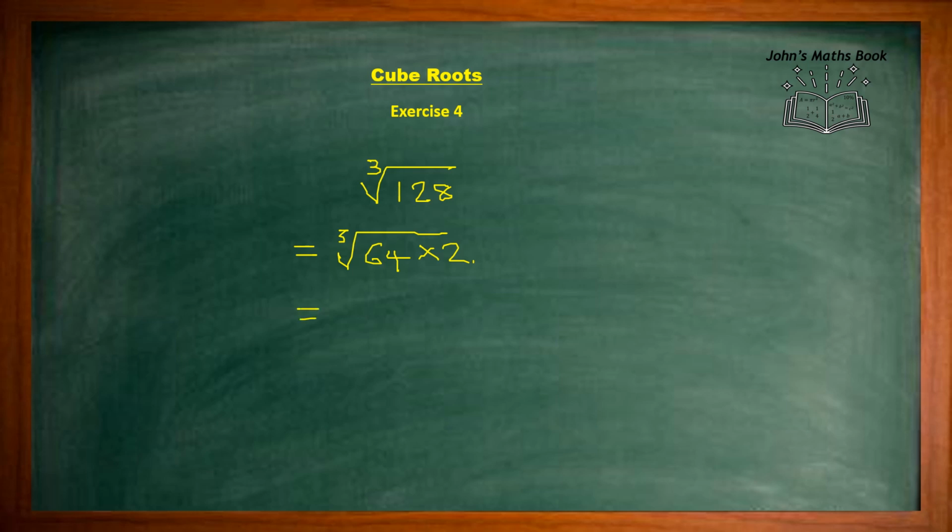Now this can be written as the cube root of 64 times the cube root of 2. Now 64 is a perfect cube, because 64 is the same as 4 times 4 times 4. So the cube root of 64 is 4. So we can write that as 4 multiplied by the cube root of 2, which is 4 cube root 2.